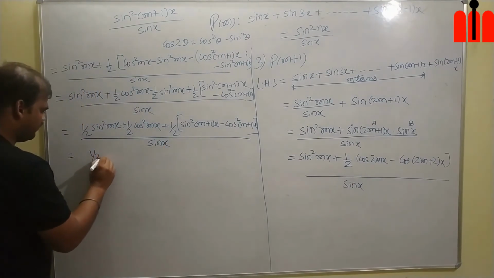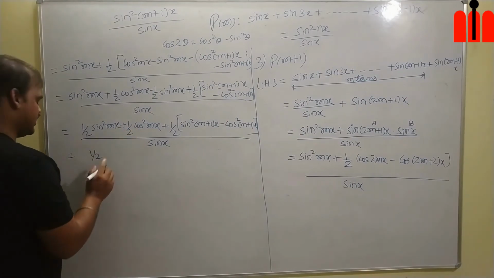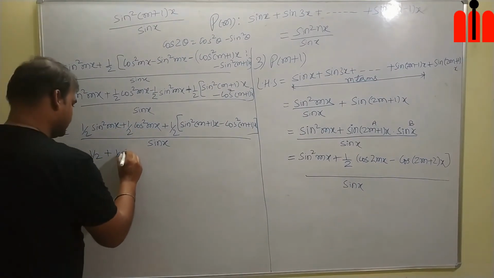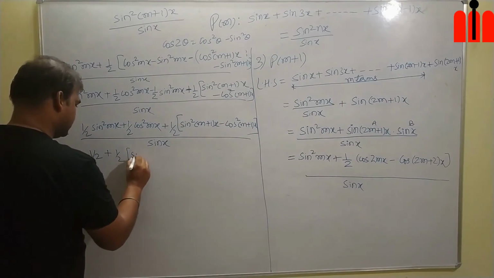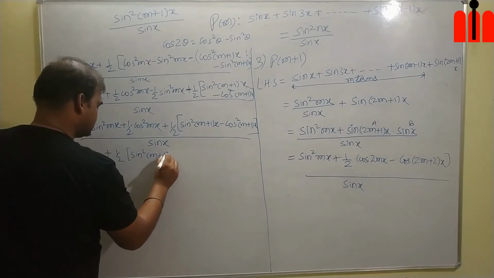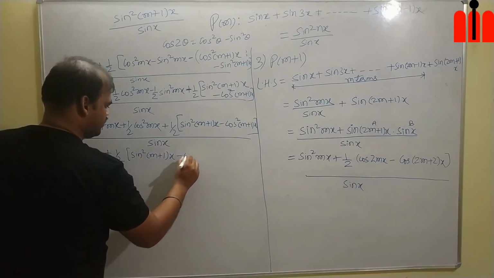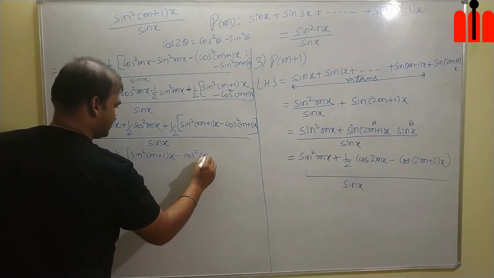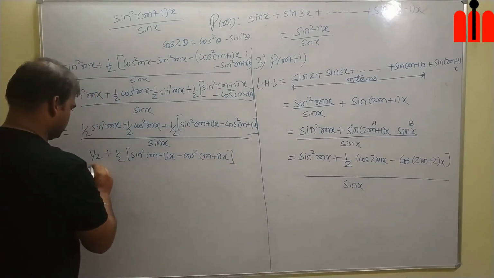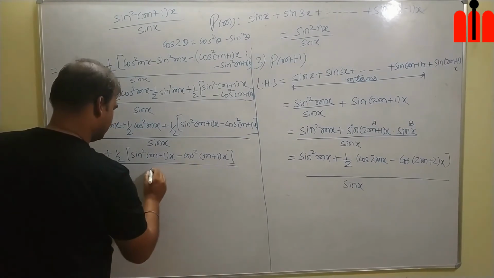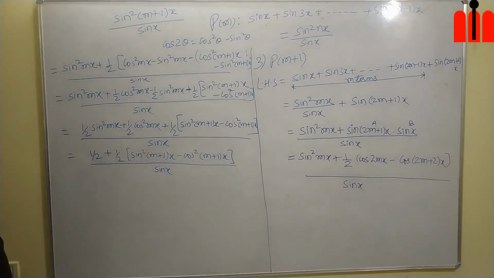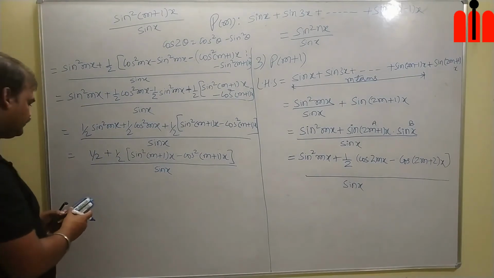So this will be 1 by 2, this entire term, plus 1 by 2 times sin square m plus 1x minus cos square m plus 1x, whole divided by sin x.